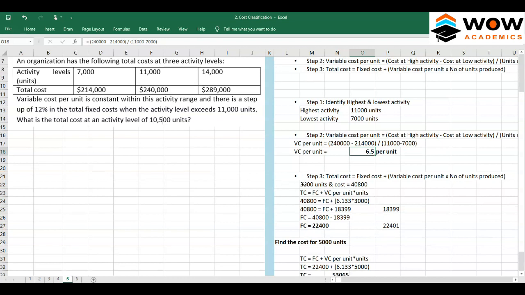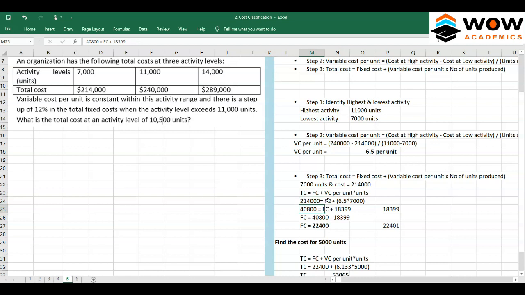We will take any one pair of numbers to find out the fixed cost. At 7,000 units the total cost is 2,14,000 and per unit cost is 6.5 and number of units is 7,000.